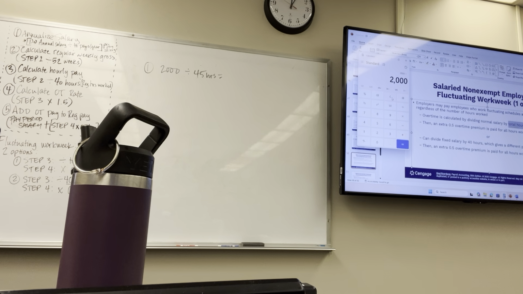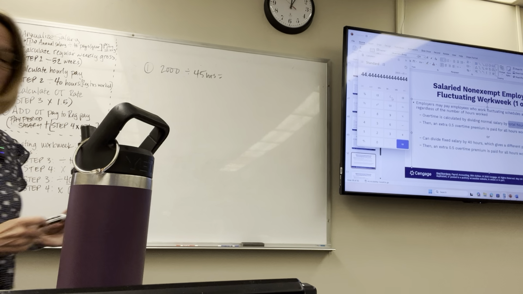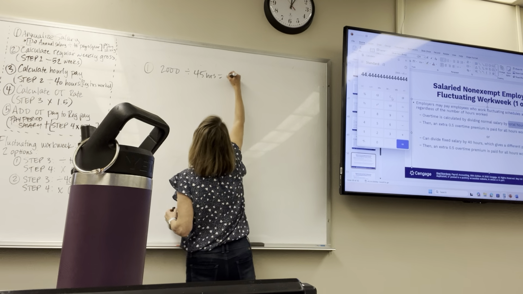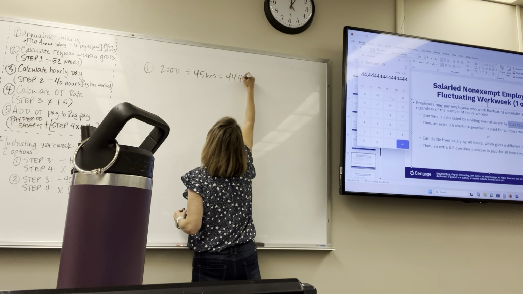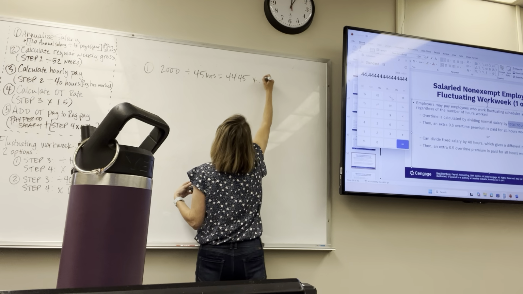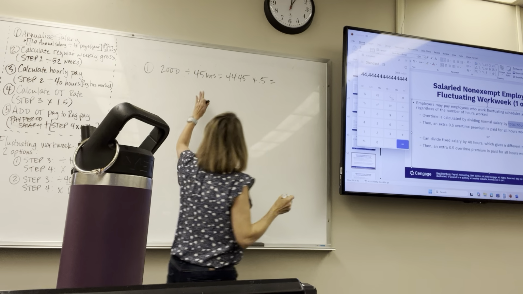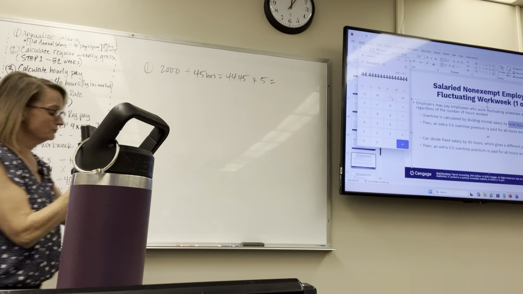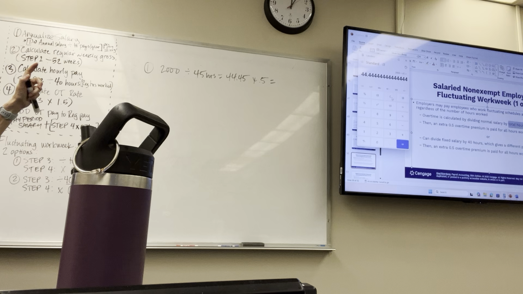Divided by, what did I say, 45? So 44.44. And they're going to get paid a premium. We're going to use the overtime premium of 0.5 to figure out the amount of overtime they're going to get paid. In this case, the $2,000 is inclusive of any overtime.